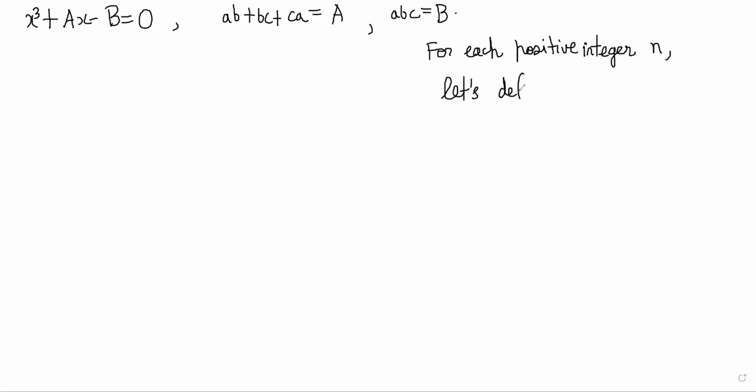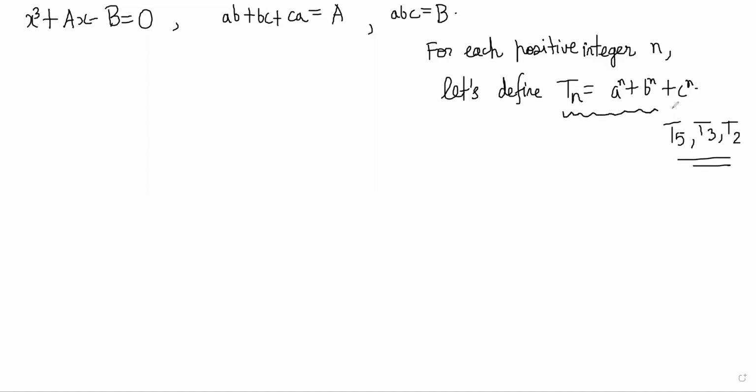Let's define T(n) to be a^n plus b^n plus c^n. Why are we defining something like this? Because if you notice in the problem, we had a^5 plus b^5 plus c^5, a^3 plus b^3 plus c^3. So basically, we have terms like T5, T3, and T2 in the problem, right? So I'm just defining a general quantity like this.